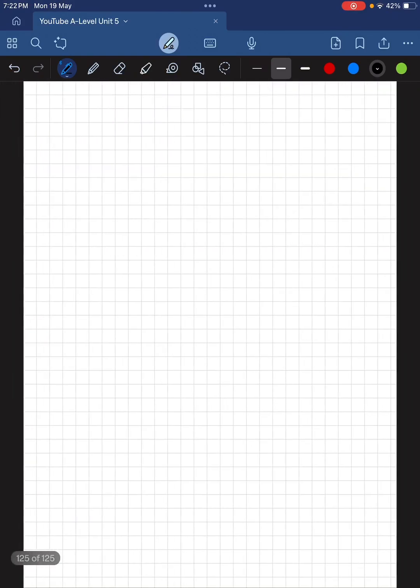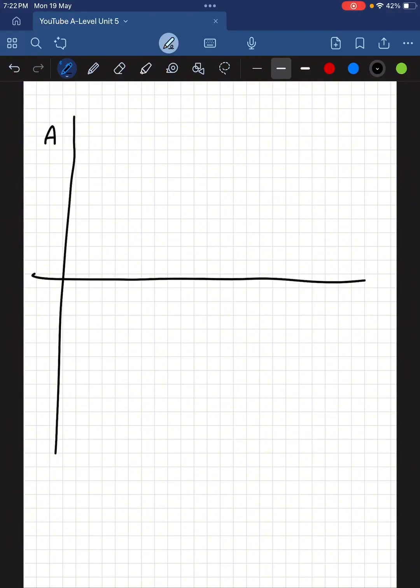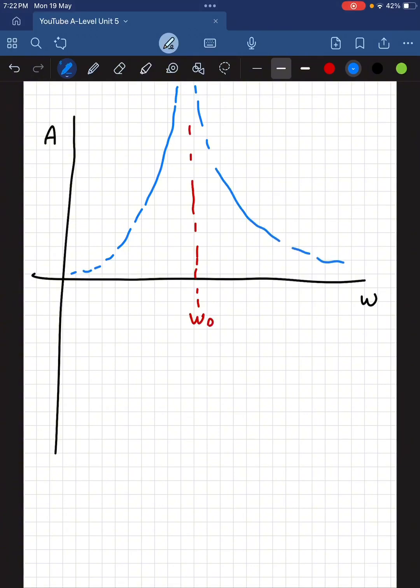And let me turn a clean page. So if we plot the amplitude like we did before with respect to omega, and if this is omega naught, which is the natural frequency of the object, then again, remember when we saw that with no damping, we get these infinite curves.